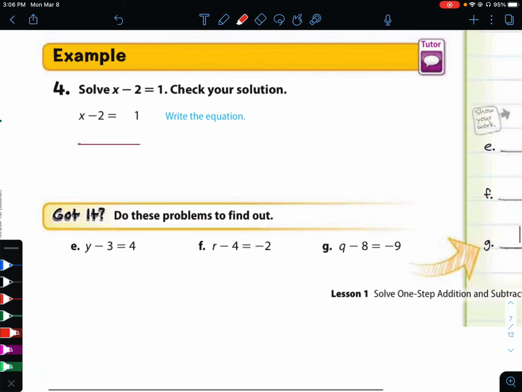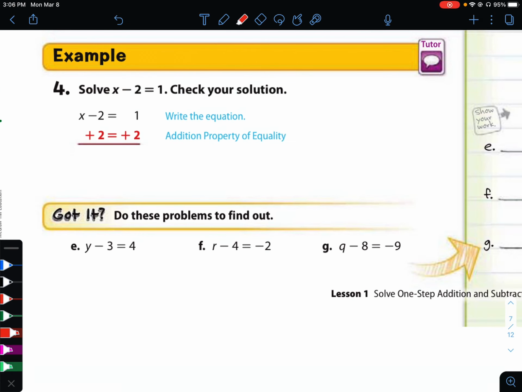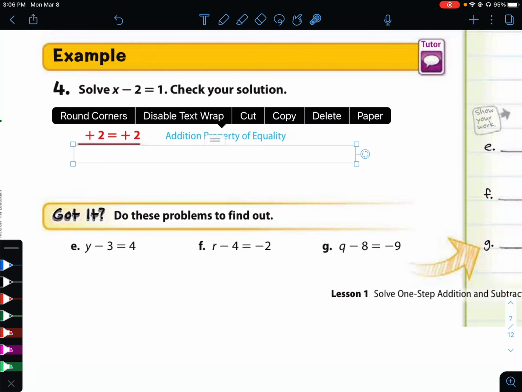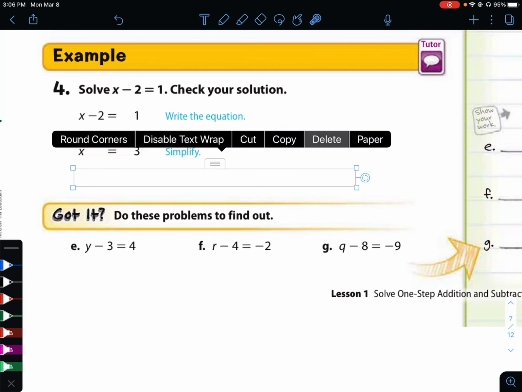So for us to undo negative 2, we add 2 to both sides. So add 2 here, add 2 here. Again, whatever you do to one side, you do to the other side. This goes away, simply bring down x. We know that 1 plus 2 equals 3, so x is equal to 3. So the solution is equal to 3.